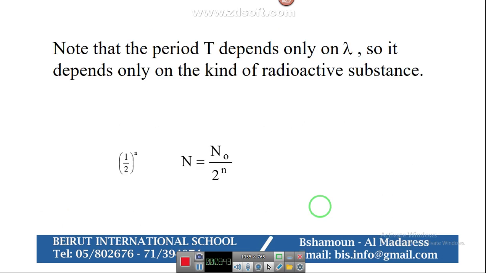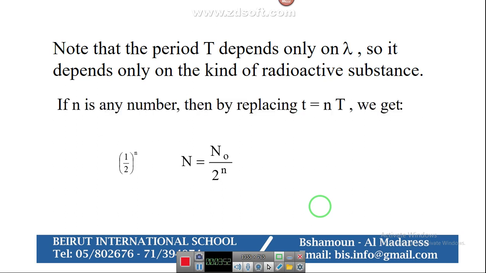Note here that the period depends only on the decay constant, so it depends only on the kind of radioactive substance. If we take the formula t equal n T, where t is any time, n is the number of periods, and capital T is the period, we get N equal N0 e to the minus lambda t, substituting n T instead of t.